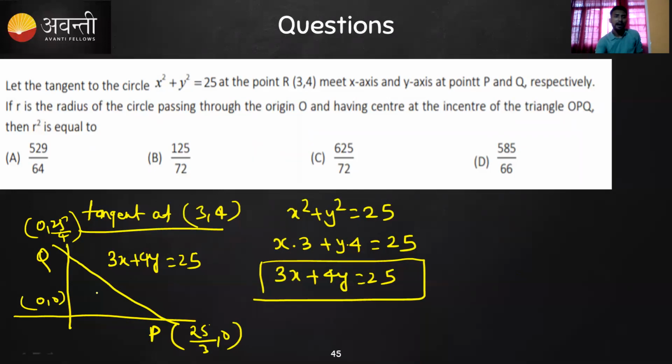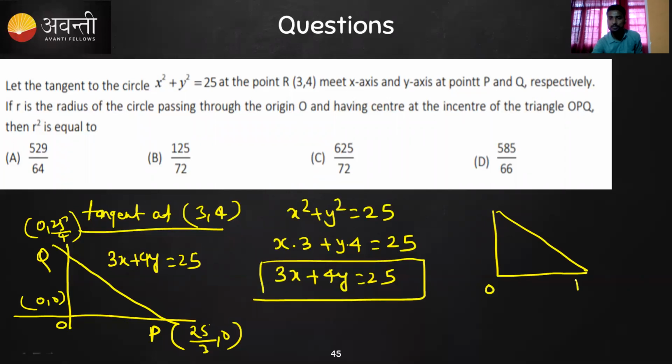It says R is the radius of a circle passing through the origin and having its center at the incenter of the triangle OPQ.